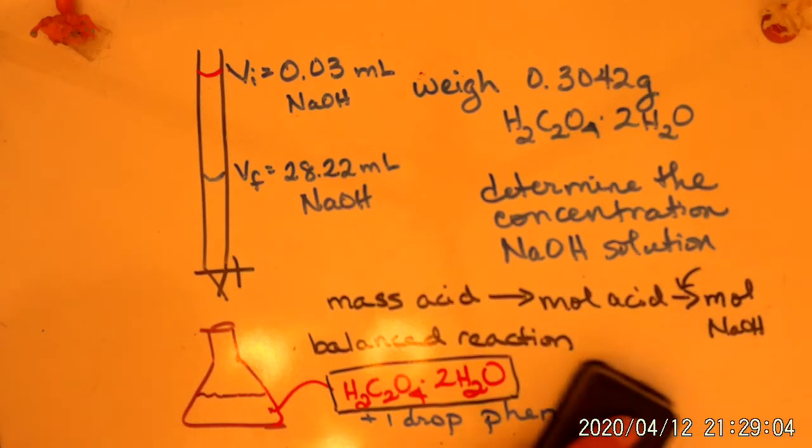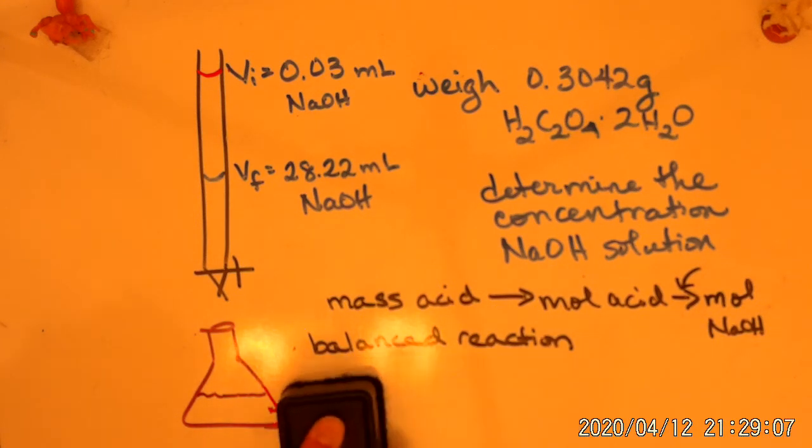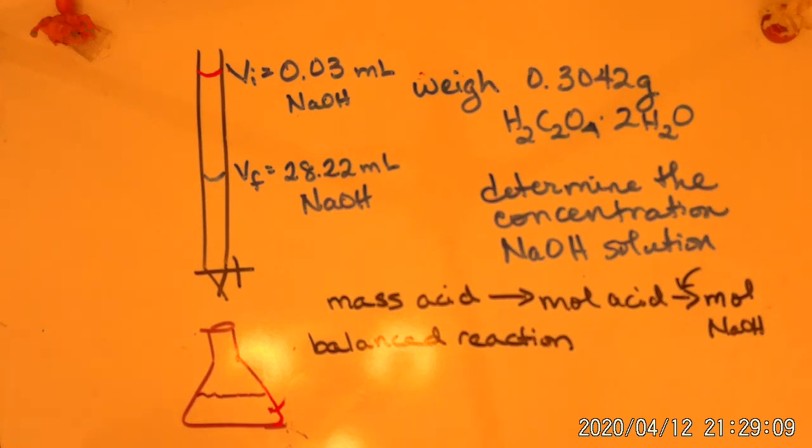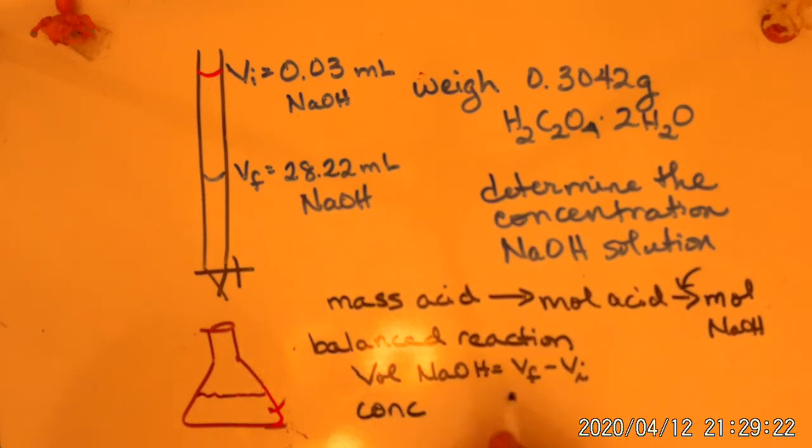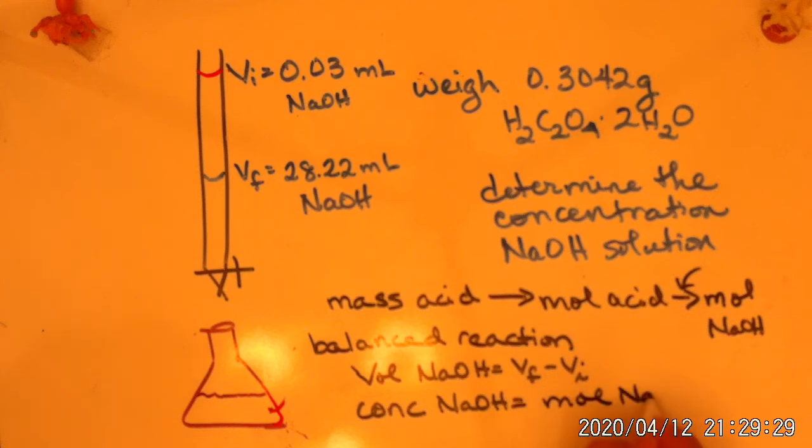just erase this now. You now can get concentration. The concentration of your sodium hydroxide is going to be equal to your moles of sodium hydroxide divided by the volume of your solution.